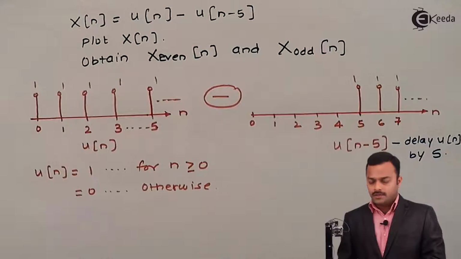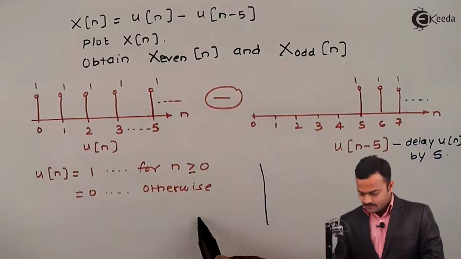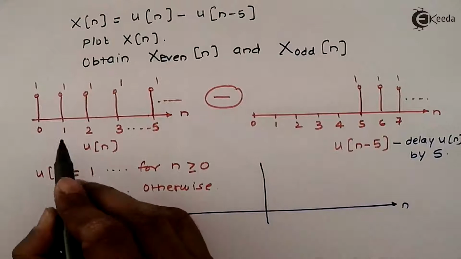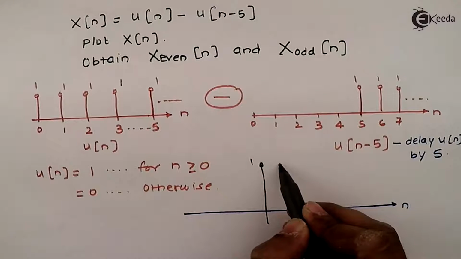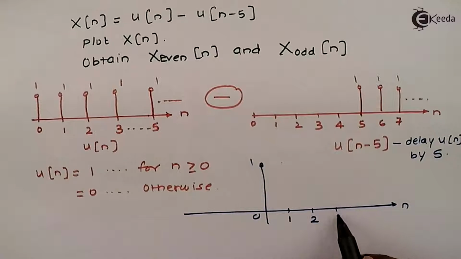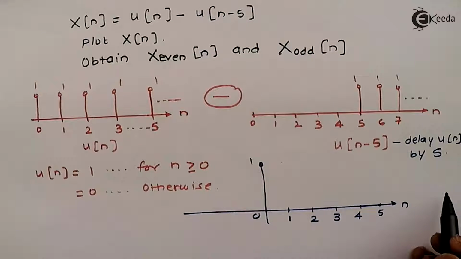So how will x of n look if I do this subtraction? For n equal to 0, there will be a value 1. For n equal to 1, there will also be a value equal to 1. For 2, 3, and this is up to 4, because from 5 onwards, this signal will have the value 0.